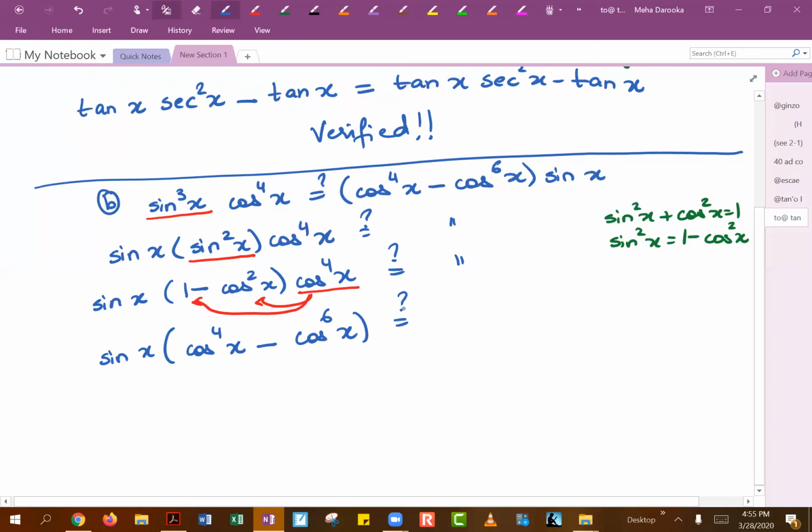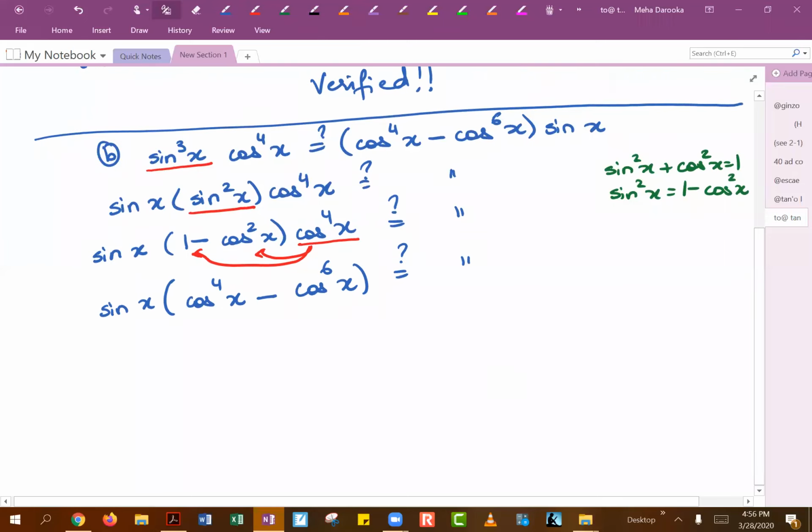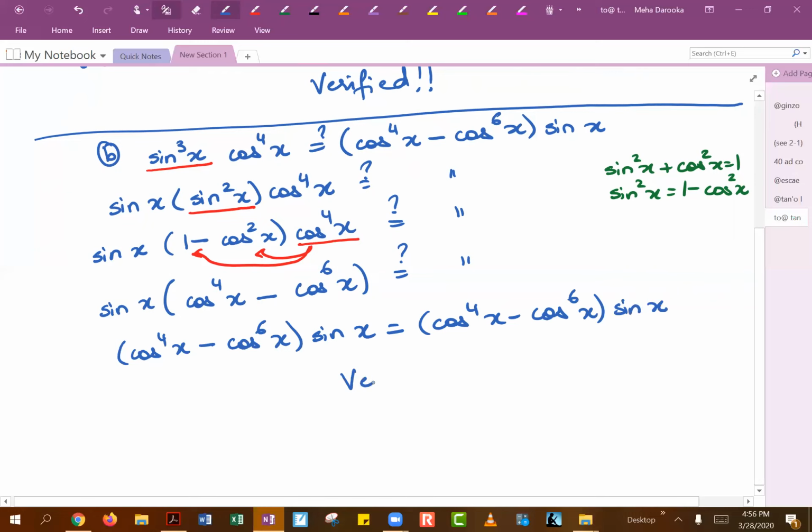And basically, at this point you have actually verified it, but if you want to make it look the same, you can take the sine and put it at the end, so you can have your cosine to the fourth power of x minus cosine to the sixth power of x, and then you can put that sine of x at the end, and this will look exactly the same as your right-hand side, and you can say that you have verified this identity.